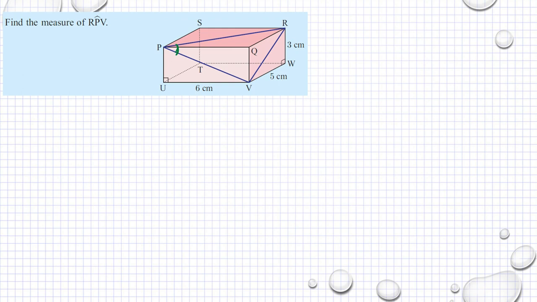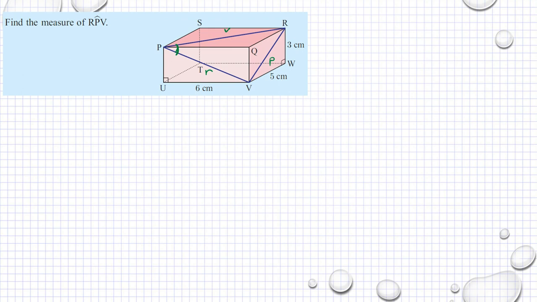So if we call this P, and if we call this R, and if we call this V, we need the lengths of those so that we can find our angle P. Okay?